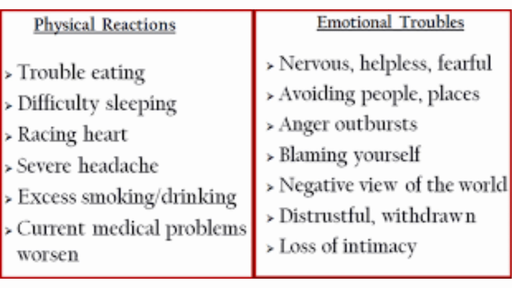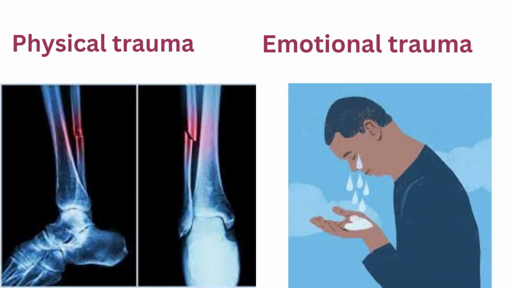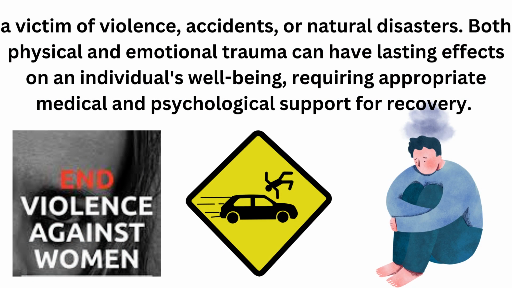Physical trauma can range from minor cuts and bruises to severe injuries like fractures or head trauma. Emotional trauma often involves psychological distress and can result from experiences such as witnessing or being a victim of violence, accidents, or natural disasters.